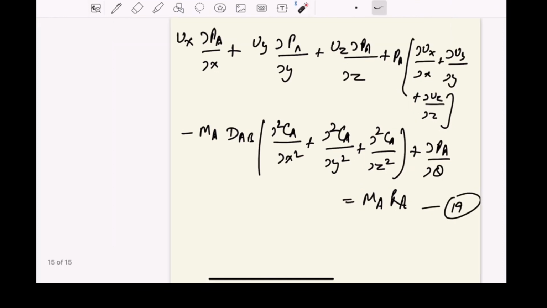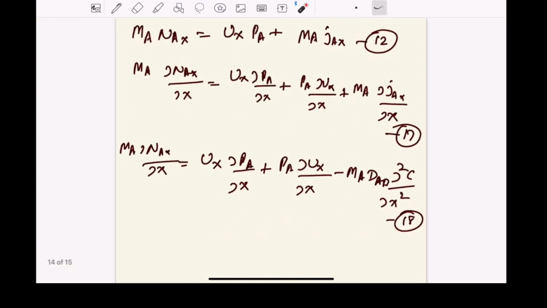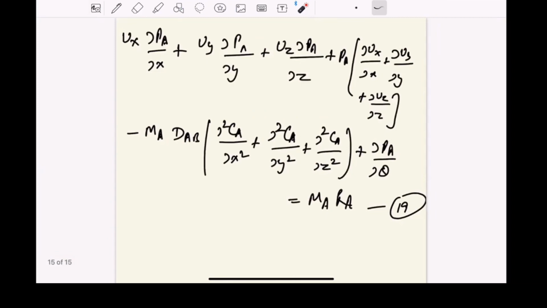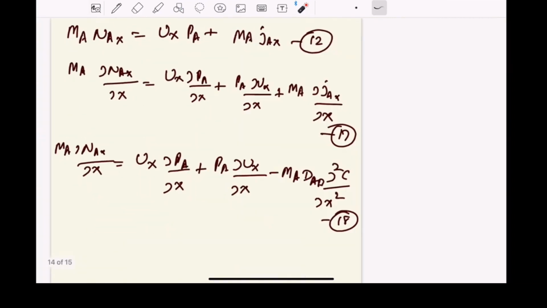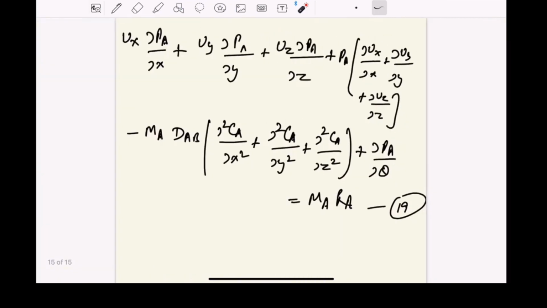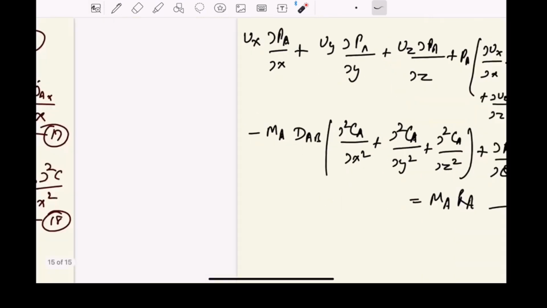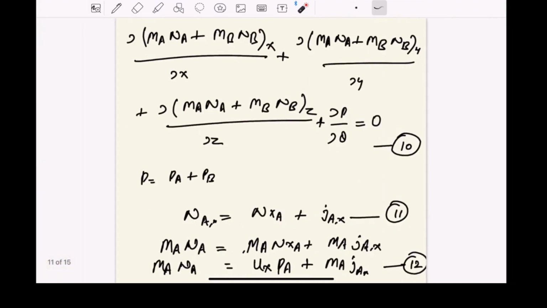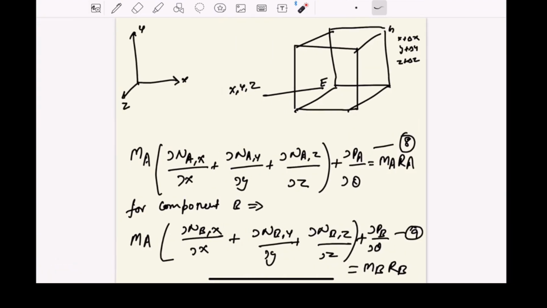So what we have done, see equation number 18. Go back to equation number 8. This is equation number 8.